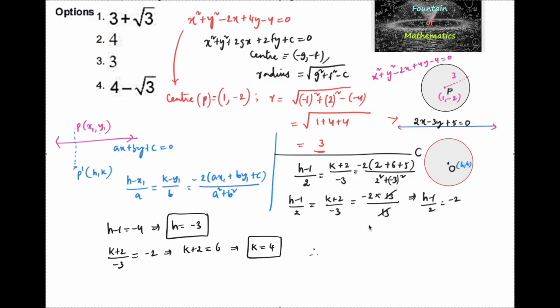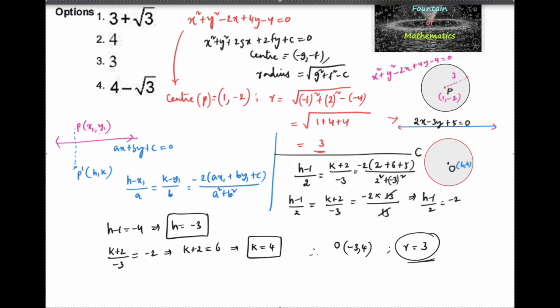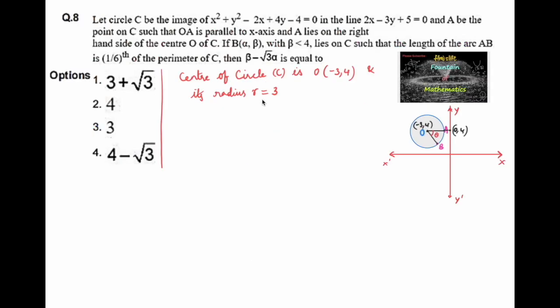So therefore the center of the required circle C is minus 3 comma 4. Say this is O, minus 3 comma 4. Obviously the radius will be the same as the first circle because it is the image of the circle. So radius is equal to 3 units. So we got the center of circle C as minus 3 comma 4 and its radius is 3 units.